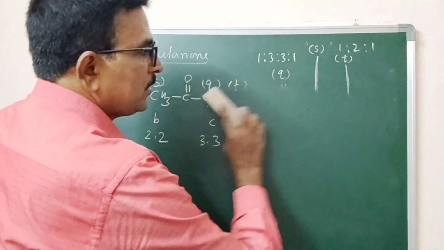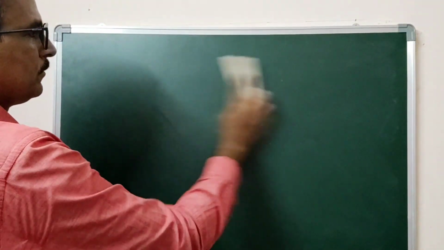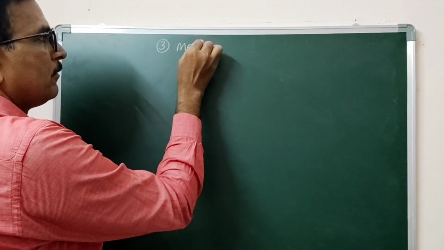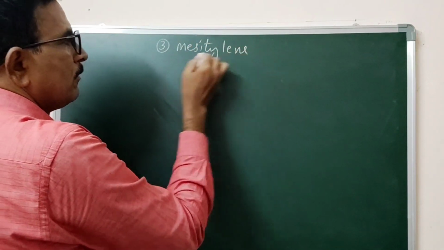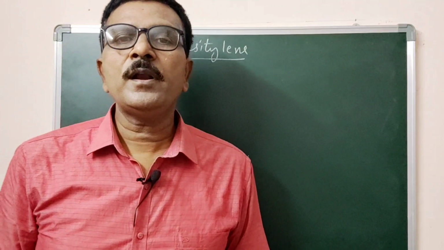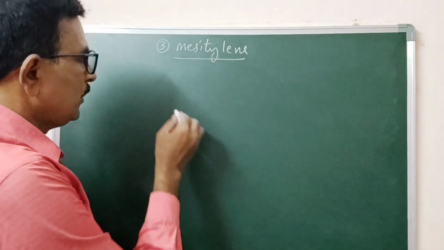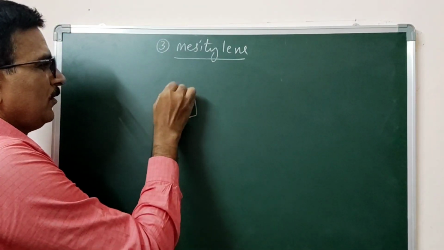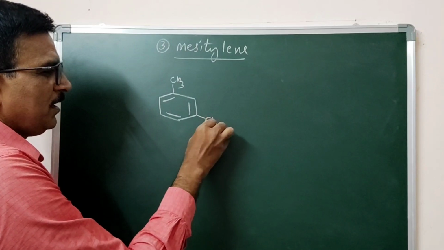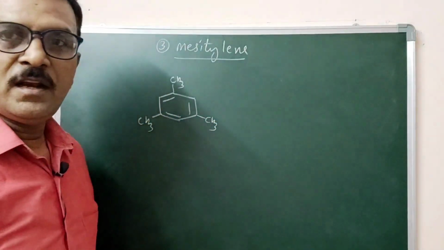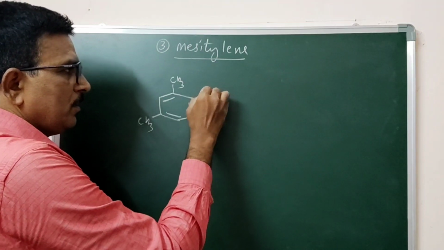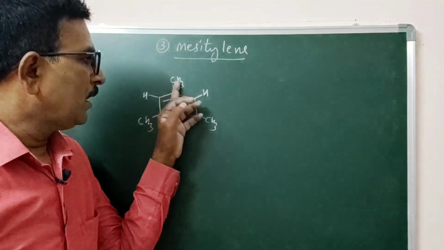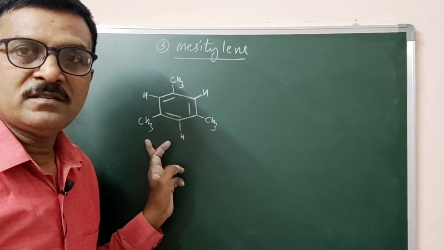Now coming to the third example. Mesitylene. Proton NMR spectrum for mesitylene. Now its structure: CH3, CH3, CH3. There are 3 CH3 groups and 3 protons on the aromatic system. Now all the CH3 groups are attached symmetrically.